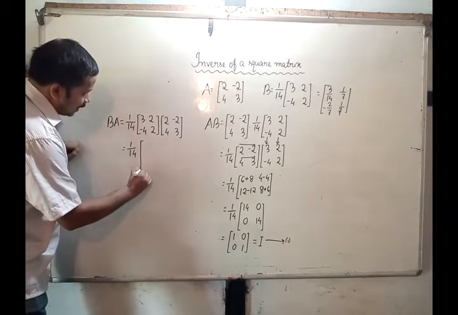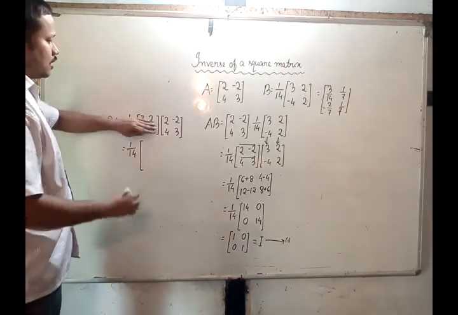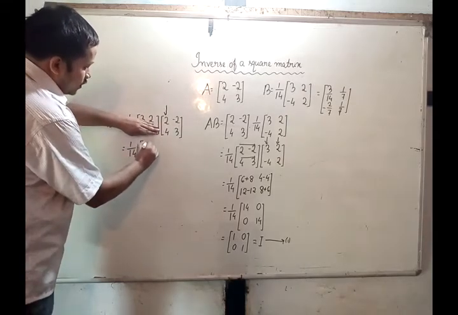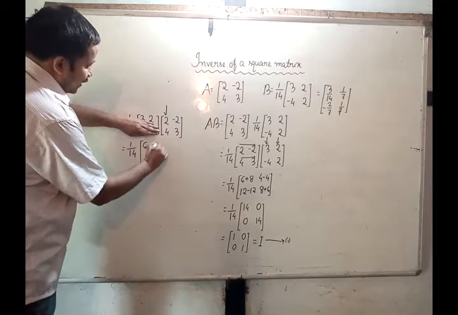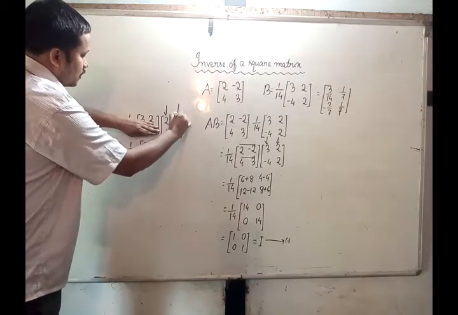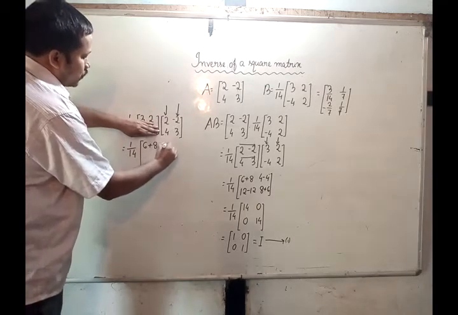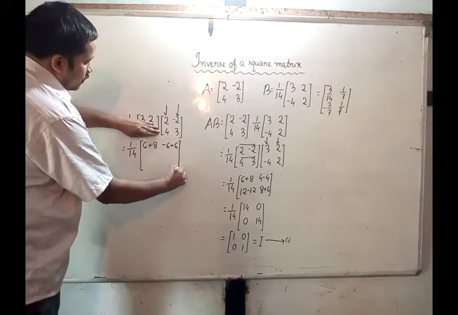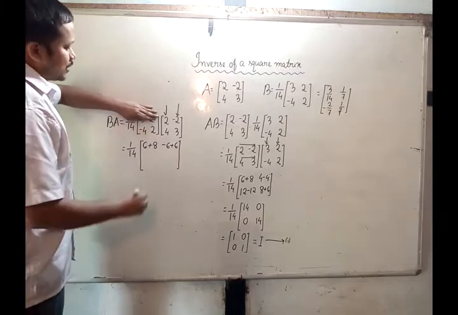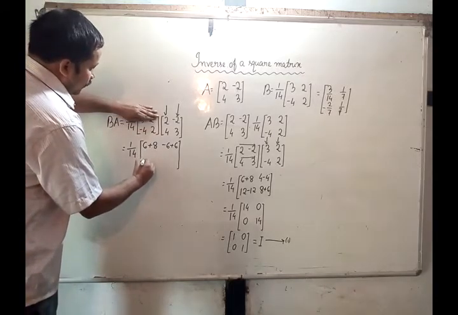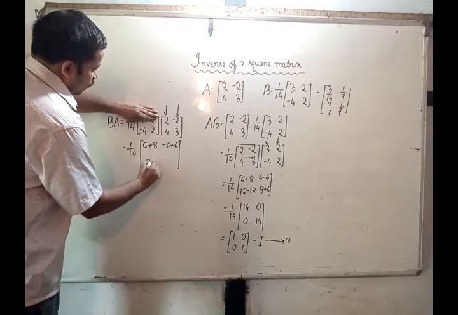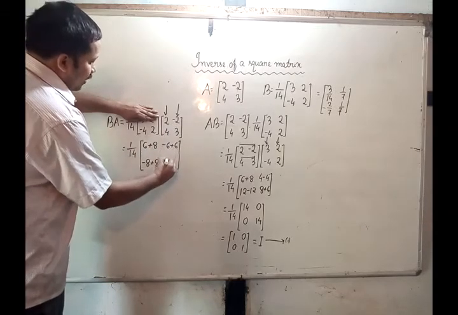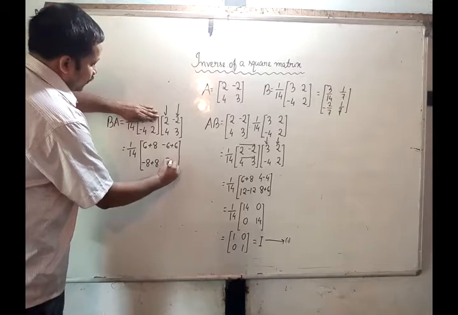Start matrix multiplication. First row, first column: 3 into 2, 6, plus 2 into 4, 8. First row, second column: 3 into minus 2, minus 6, plus 2 into 3, 6. First row over, now start with the second row: minus 4 into 2, minus 8, plus 2 into 4, 8. Second row, second column: minus 4 into minus 2 is 8, plus 2 into 3, 6.